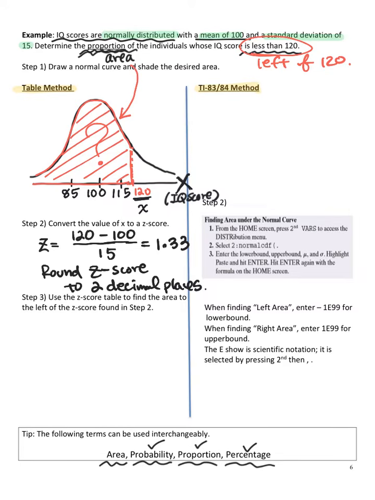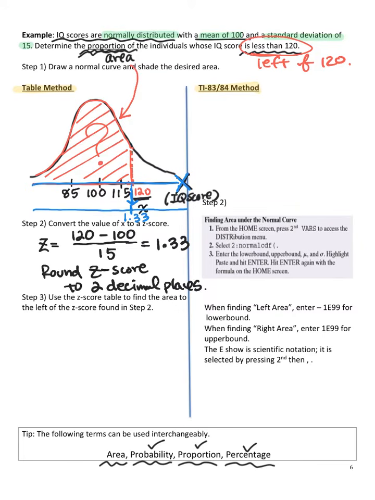Now step 3: use the z-score table to find the area to the left of the z-score found in step 2. Let's visualize what's going on here. This is the x number line. We just converted the score 120 into a z-score, and the corresponding z-score is 1.33.